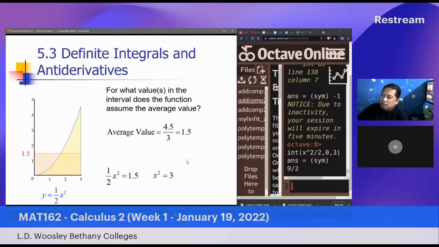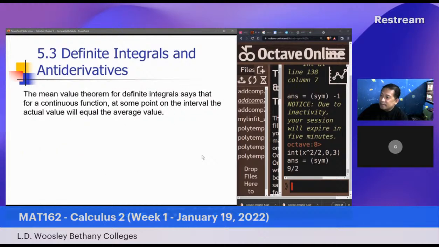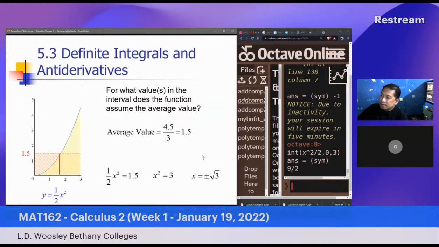Alright, so ayan, yun yung mga ano. Of course, this portion, so pag binaliktad mo siya, binalik mo yung x squared, 1/2 x squared is equal to 3, or x is equal to plus minus square root of 3. 1.5.